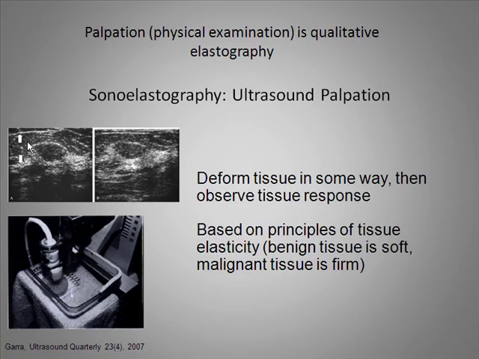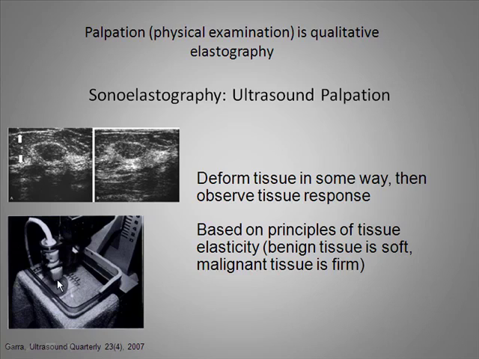Now, palpation itself, physical examination, is simply qualitative elastography. So we're taking something that has been performed in medicine forever and using ultrasound to apply a more quantitative version of it with sonoelastography or ultrasound palpation. And some of the earliest work was performed with the breast compressed and an ultrasound transducer being pressed gently against the breast through an aperture in the compression paddle.